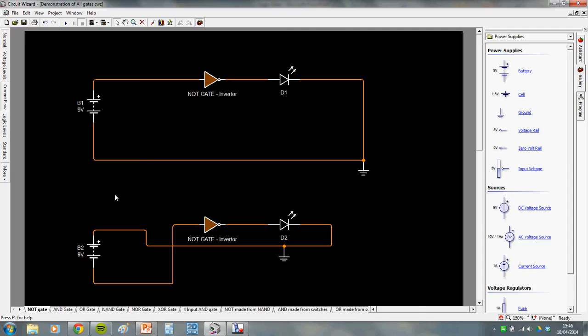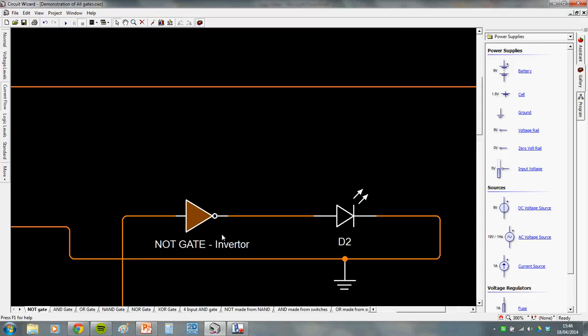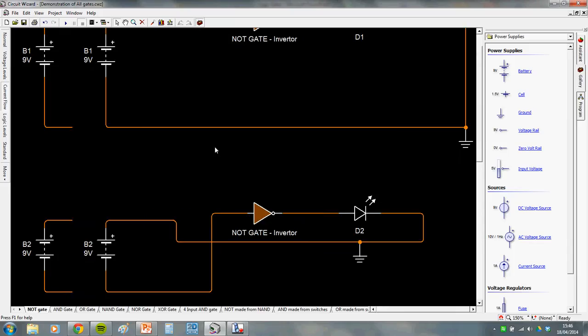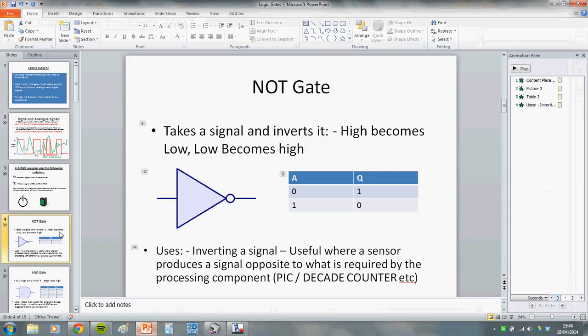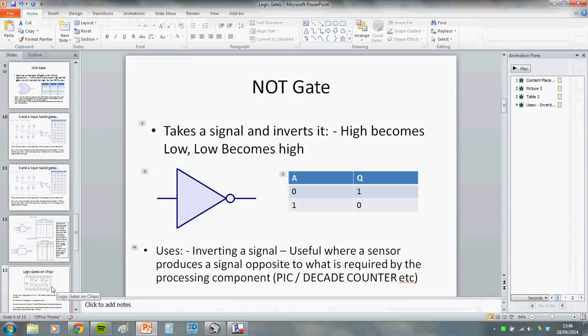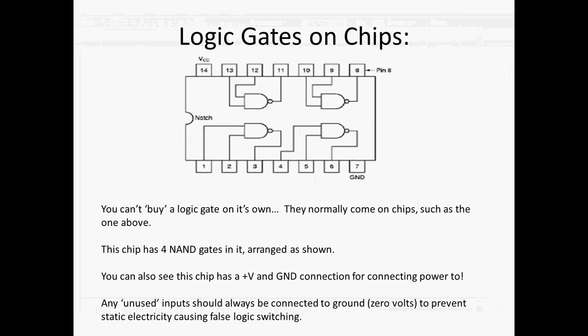Annoyingly I can't draw it on the screen for you here, but if you imagine when this detected an off signal, it would pull in positive energy from its other leg here. They don't bother drawing plus and minus on logic gates, either in Circuit Wizard or in the symbols which you'll find anywhere in the world, just because it overcomplicates them. It's just assumed that they're there. Just to show you what I mean though, and prove it, I'll come back to this slide in a bit. Here's a picture of how you buy logic gates in real life.